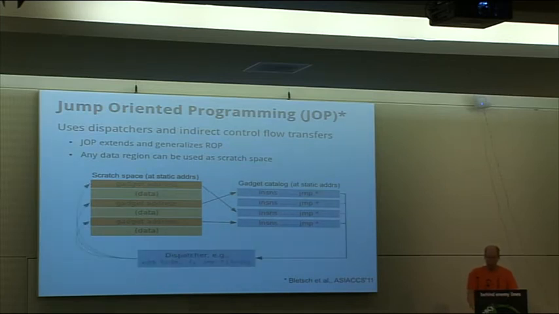They are executed one after another, and the indirect jump, the control transfer at the end, always redirects the control flow to the big dispatcher. And the dispatcher moves from one entry in the scratch space to the next entry and executes all our gadgets one after another. Using these two abstract approaches, we can basically construct any code that is executed.